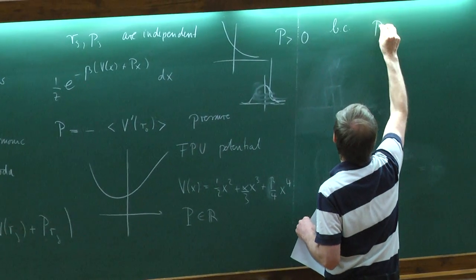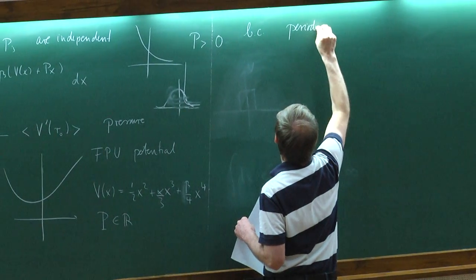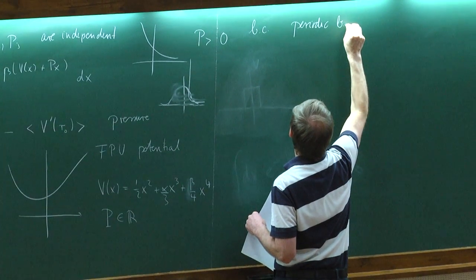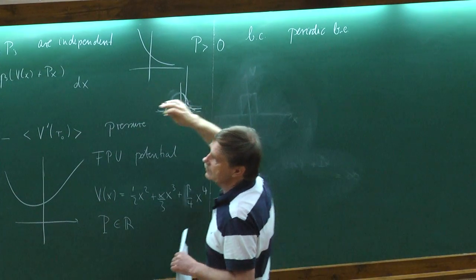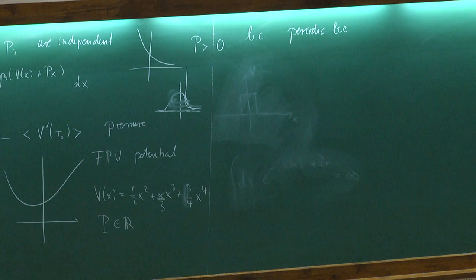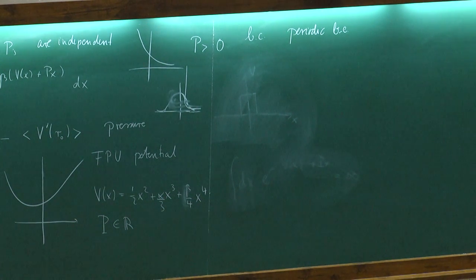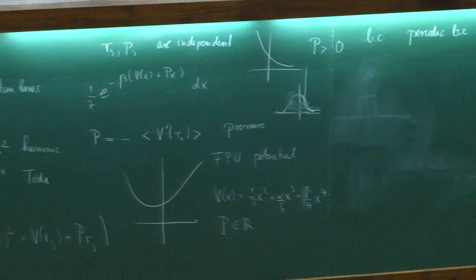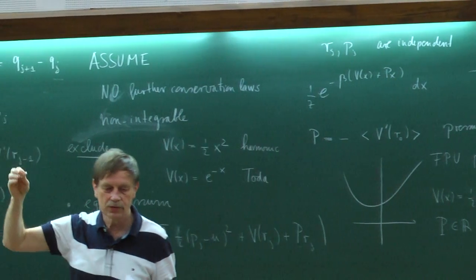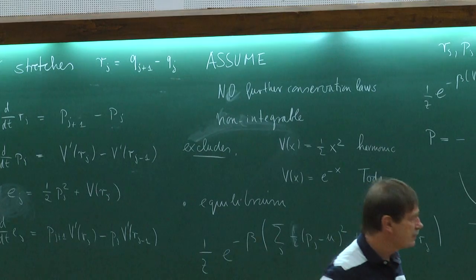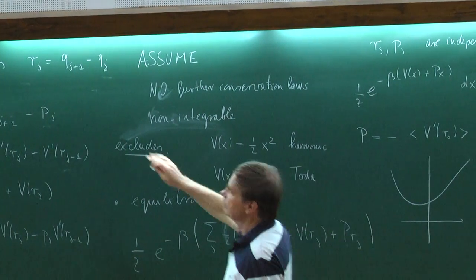Mentally I'm always thinking in terms of periodic boundary conditions. In the momentum variable, it's the usual periodic boundary conditions, but I'm also thinking in terms of periodic boundary conditions with respect to the stretches. Okay, and so maybe we should think about what this means in terms of the original positions.